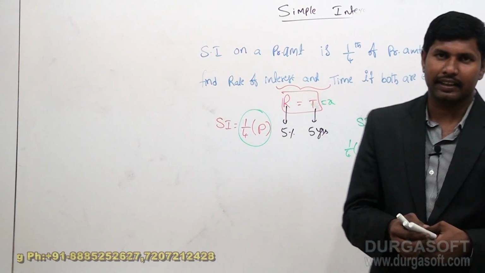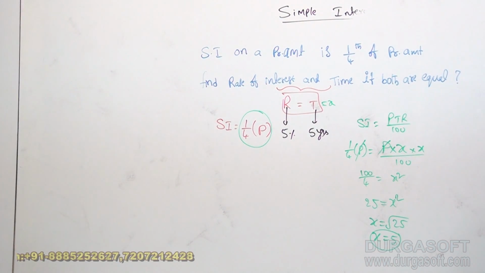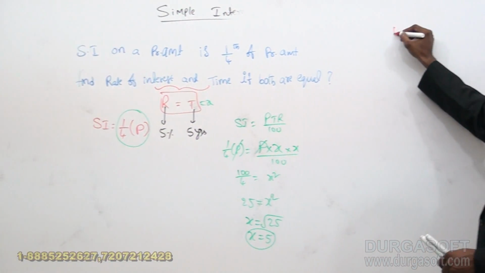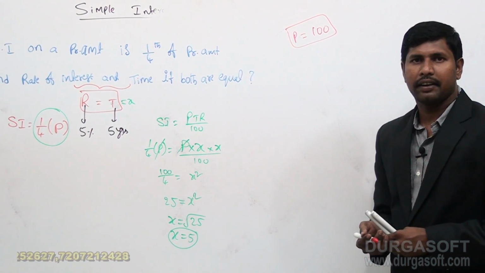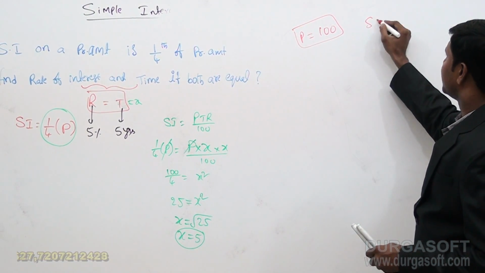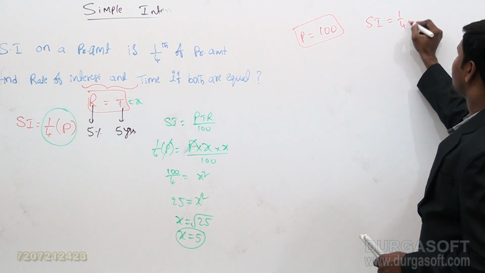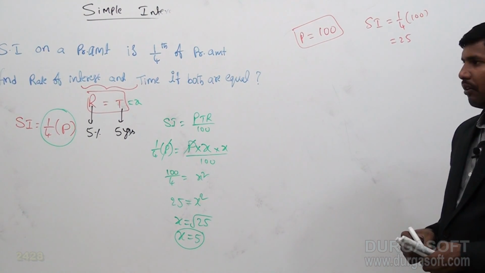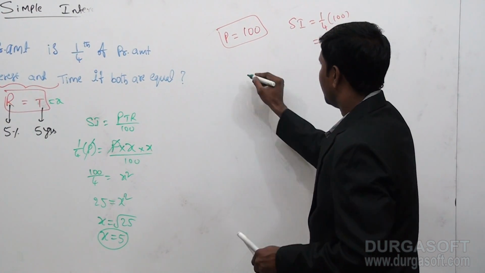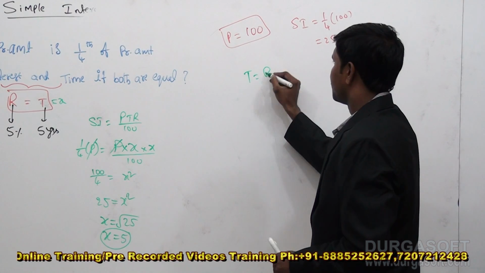If not, we can calculate in another way also. Let's see how. Suppose I take the principal amount as 100, we should get simple interest as 1/4 of that, which means 25. Now we want time and rate of interest, both the same.